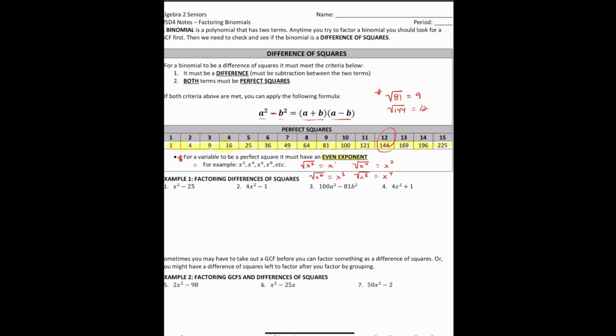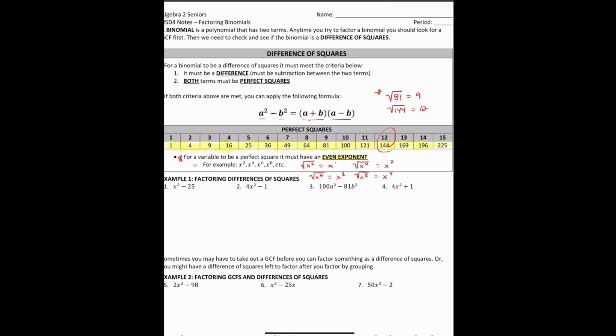So hopefully by now you are able to recognize what's going on. So what's the pattern here? Well, basically you look at the even exponent and then divide by 2. So the square root of x to the second power: if you look at the power of 2, you divide that by 2, and guess what? You get 1.